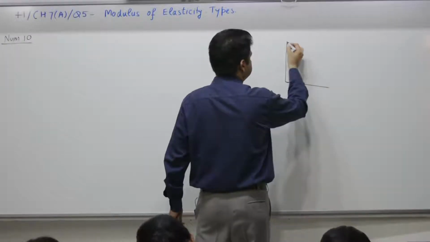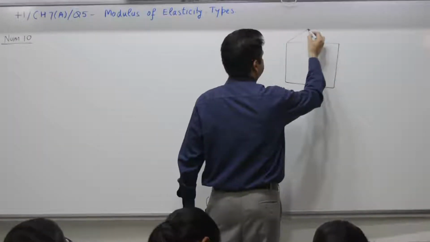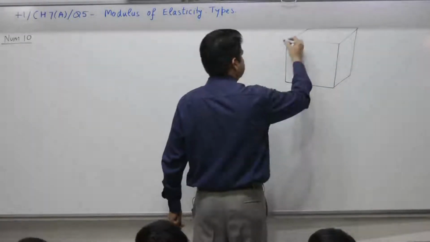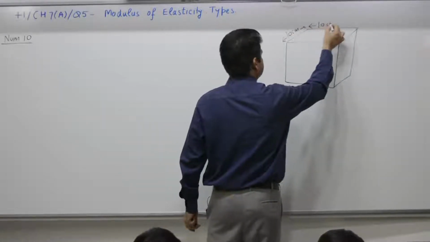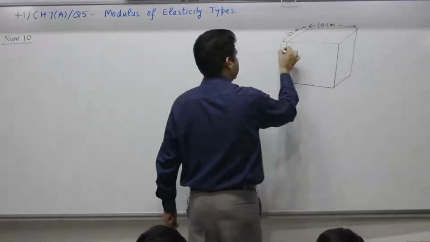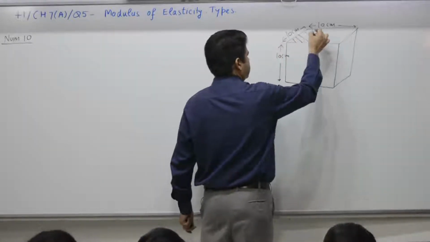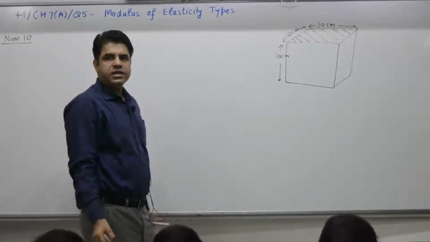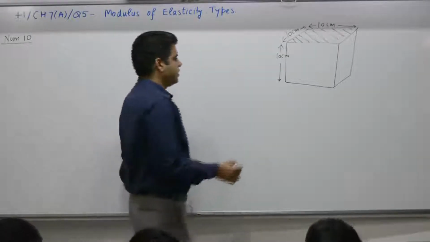It's a cube, each side 10 centimeter. So you can find out the area of the top surface: 10 centimeter into 10 centimeter, area is 100 centimeter square.